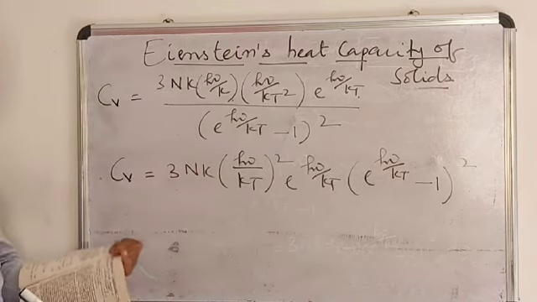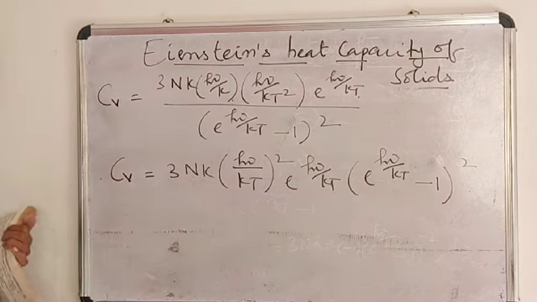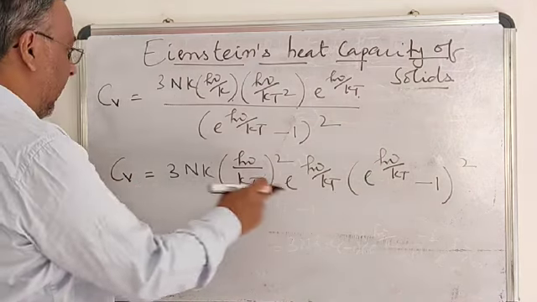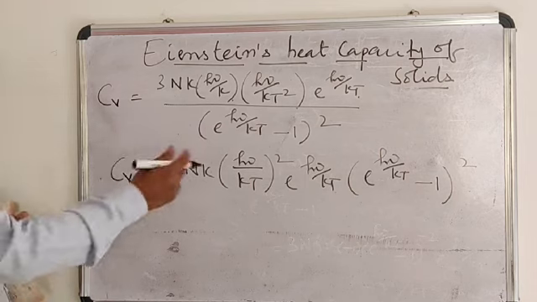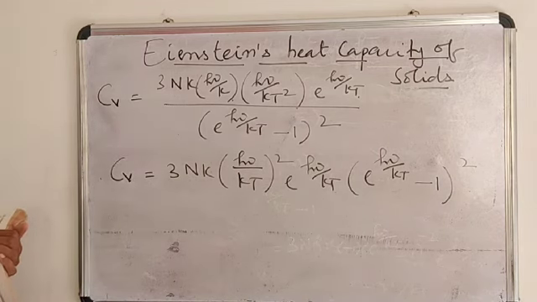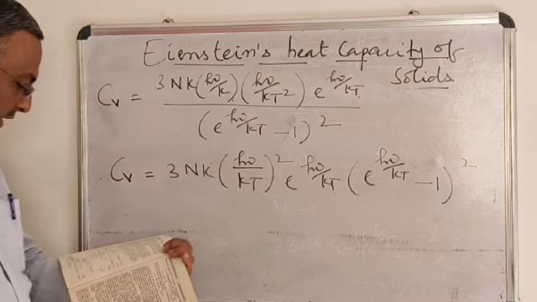Okay, see, this is the final expression. This is the expression I got for the heat capacity of solids after differentiating the total energy of vibration with respect to temperature at constant volume.